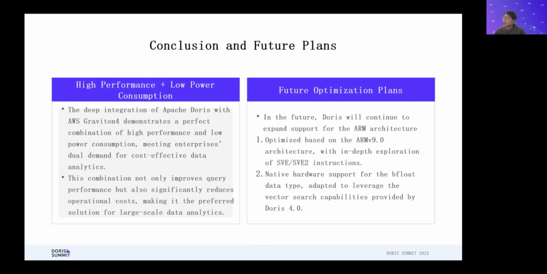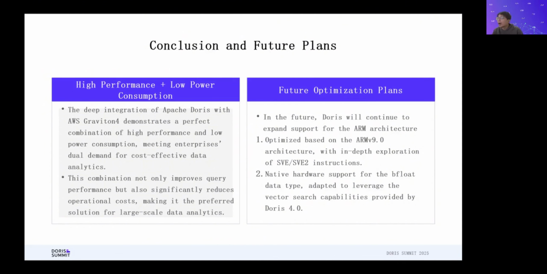As we have seen, it improves query performance and reduces operational cost at the same time. This makes it the preferred solution for large-scale data analysis.